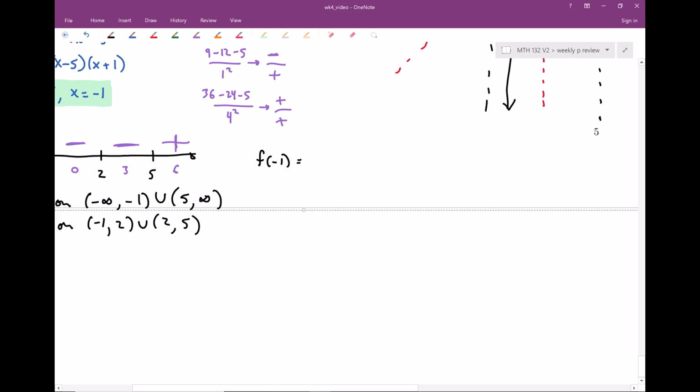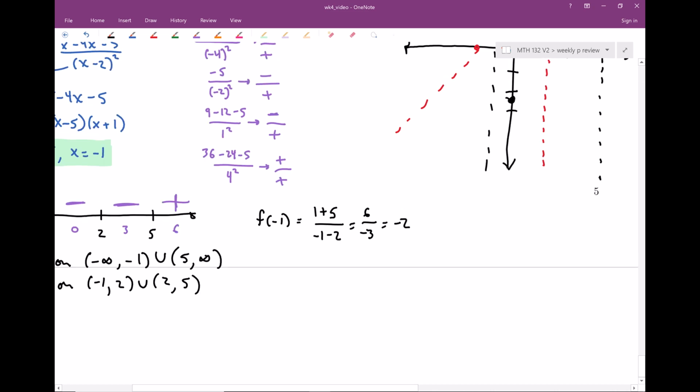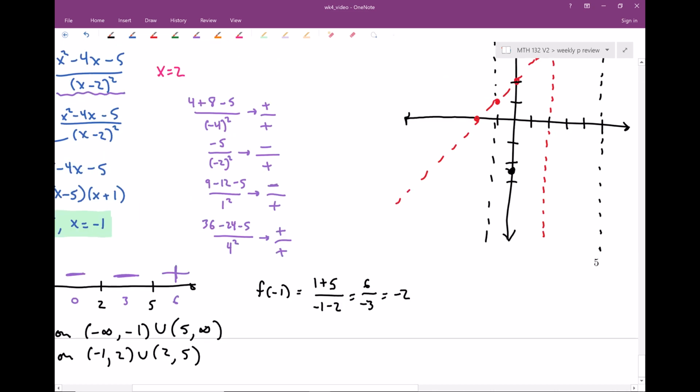So -1 squared is 1, plus 5, divided by -1 minus 2. This is 6 divided by -3, so that's -2. So the function's height at x equals -1 is -2. Down here. That probably makes sense, it should be close to the y-intercept, which is around -2.5.